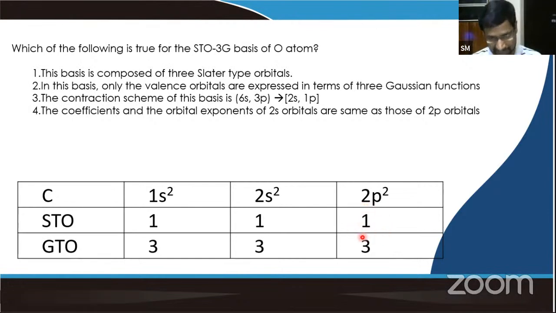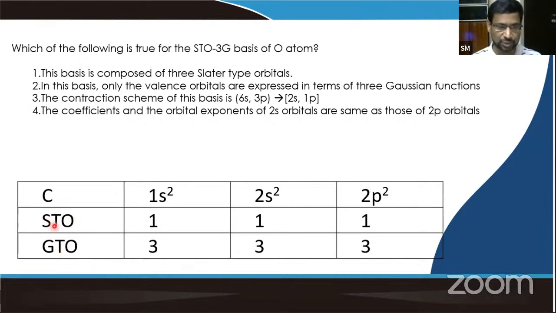So therefore there are 3 Slater type orbitals for the p functions, and in total we should have 5 Slater type orbitals for the oxygen atom. The second option is this: in the basis only the valence orbitals are expressed in terms of 3 Gaussian functions. Before that we do the expansion.